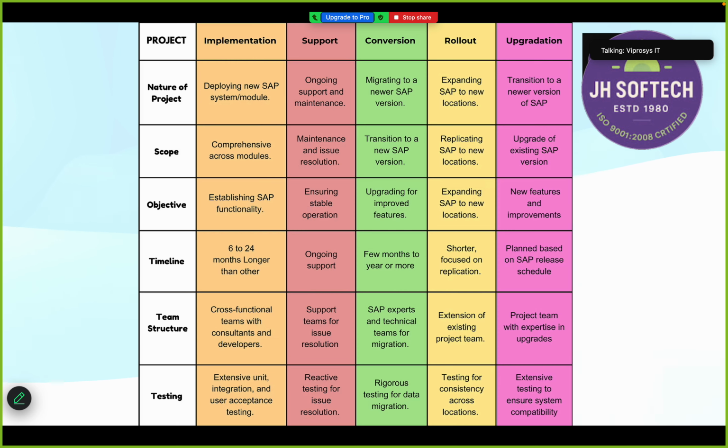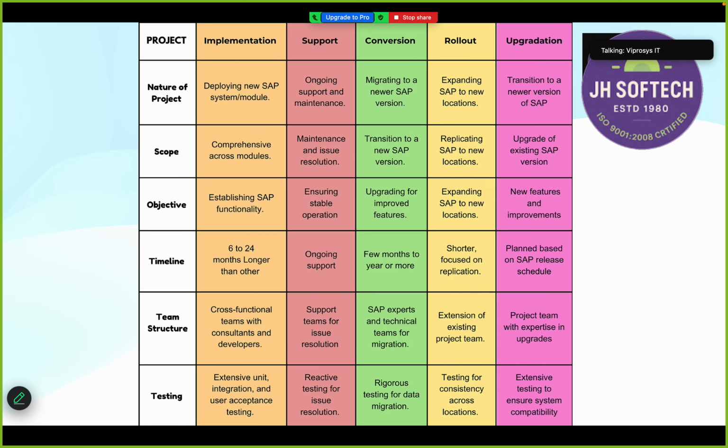We need to understand that the naming convention and the approach have slightly changed. Now in implementation itself, they have analyzed it as greenfield projects and brownfield projects. So these conversion and upgradation projects are being merged into the different types of implementation projects to give clarity.